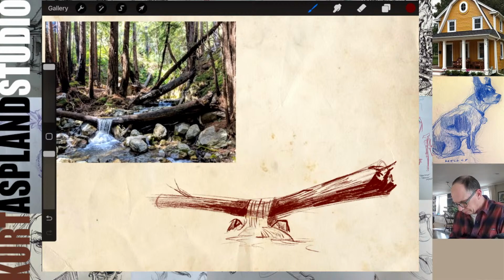You could even add a branch over here. But I'm always thinking of this thing as being round. Okay.